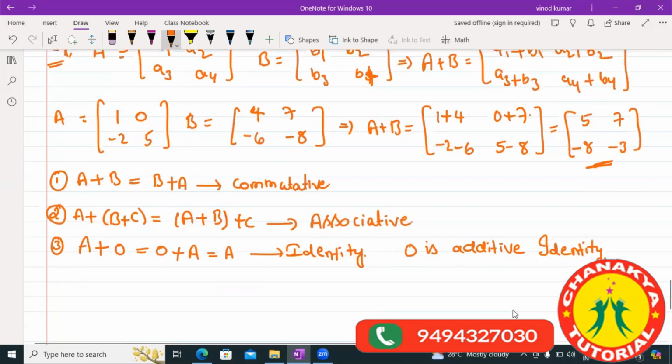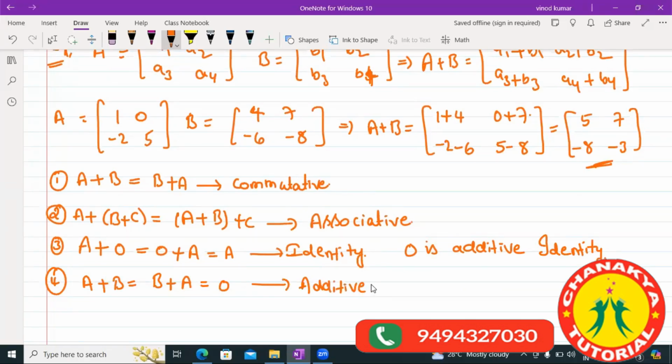Next, when A plus B equals B plus A equals 0, then this is the additive inverse. We write A plus B equals 0, then B equals minus A. So minus A is called the additive inverse of A, and minus B is the additive inverse of B.